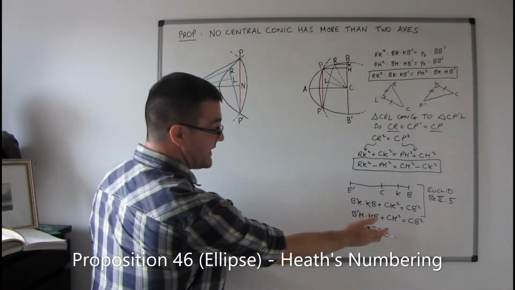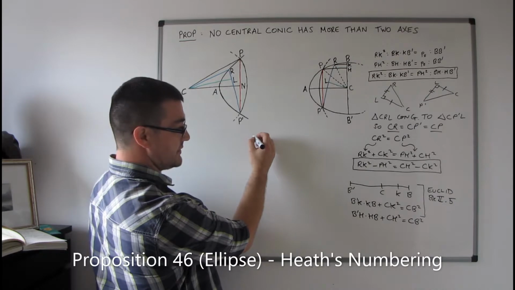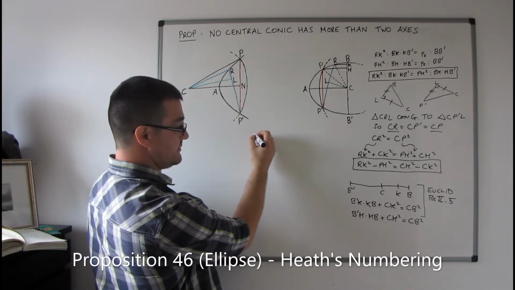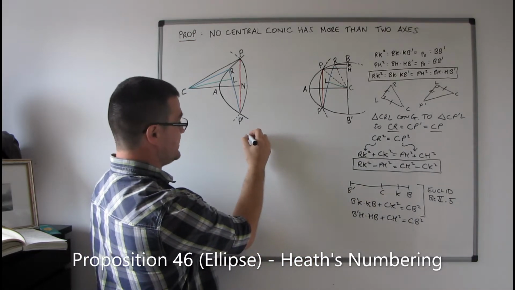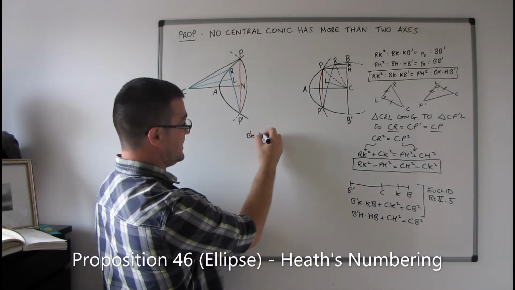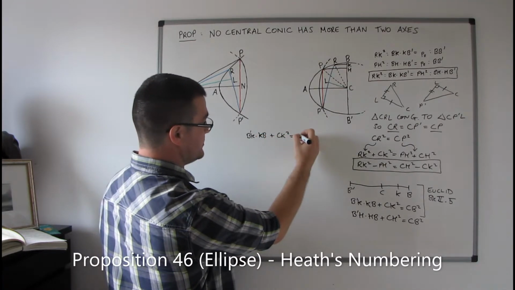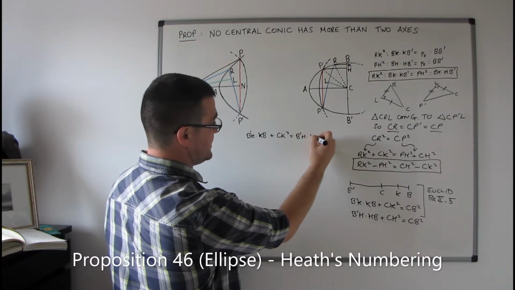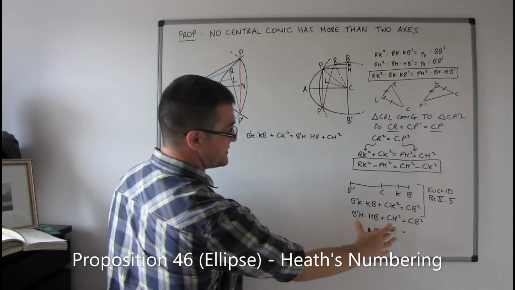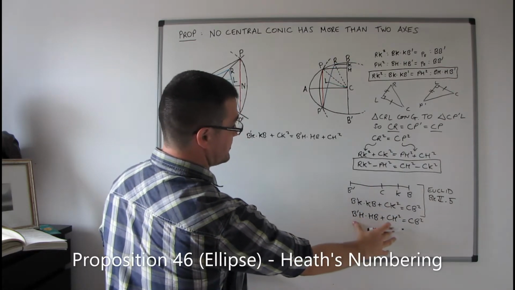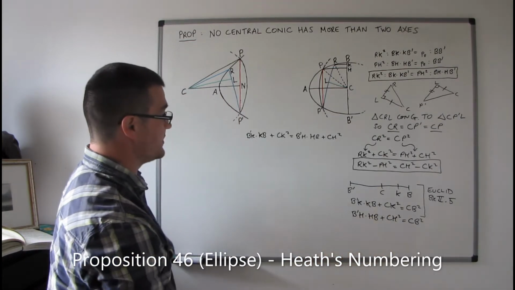Okay, so we can put these together now. So let's move over here. So what do we get? We can say that B primed K times KB plus CK squared is equal to B primed H times HB plus CH squared. That's just equating these two quantities here, because they're both equal to CB squared.